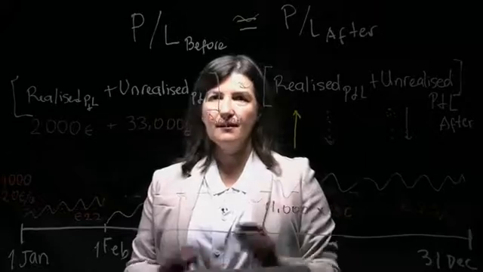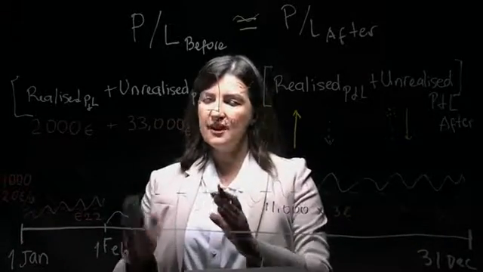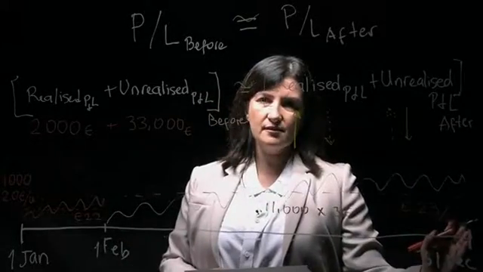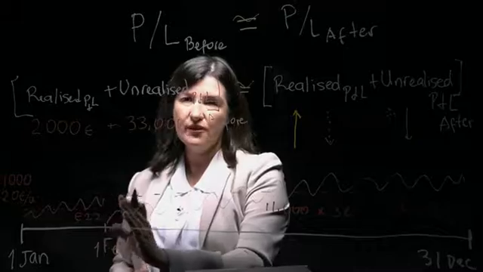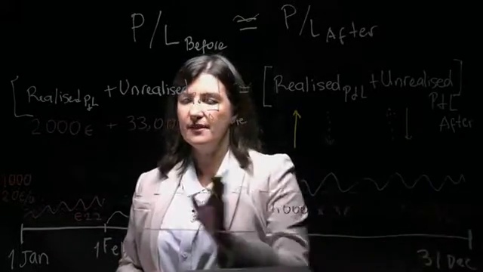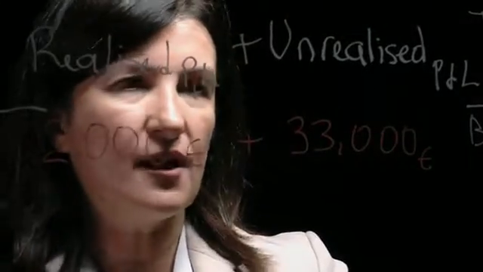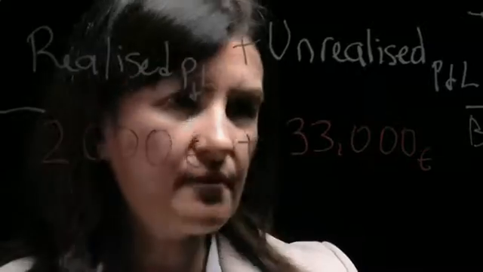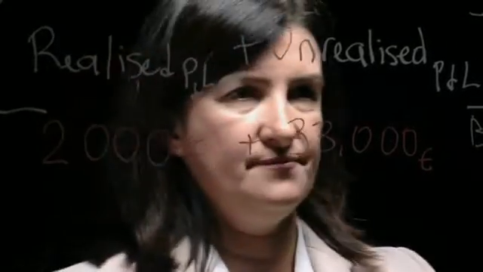Okay, let's compress. Compress means that we change the termination of the deal from the last date to an earlier date. So this transaction is not finishing anymore on the 31st of December, but it's going to finish now on the 1st of February. That means the company from which the trader bought the gas is not going to deliver more gas afterwards.